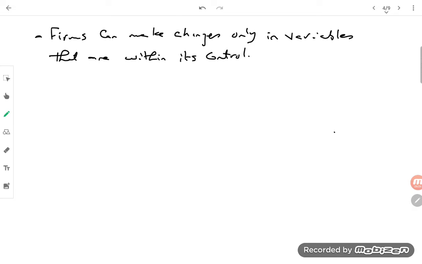This means that firms cannot affect the price. As we said before, firms are price takers, or prices are given, whether prices of factors of production or prices of the product.